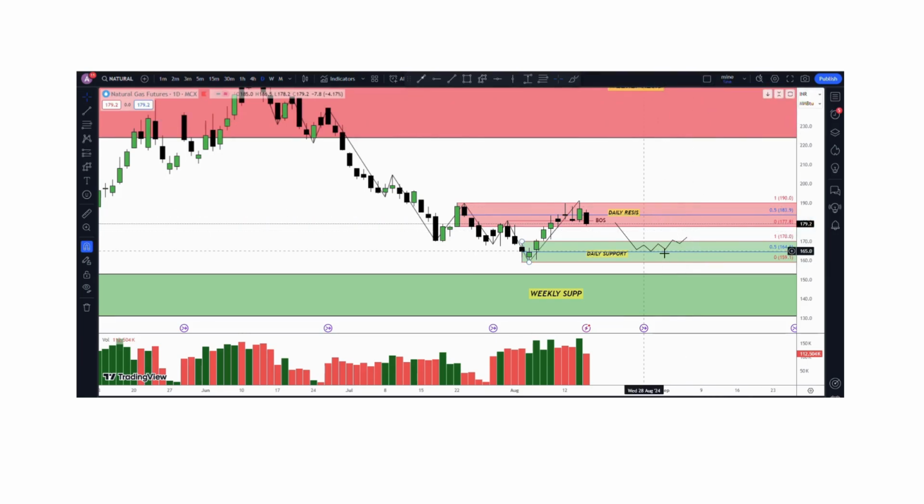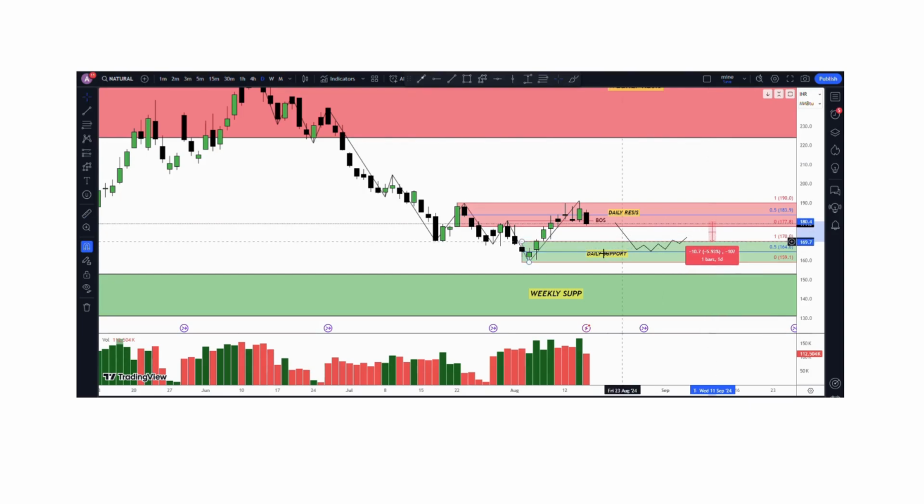But at the support level, even if you go wrong, your stop loss is going to be small compared to here. If you go long over here, you're really going to have a huge stop loss, because the next logical level is going to be a support level, which is this green zone, your support zone. Let's say if you go long somewhere over here, that's nearly 6 to 7%.